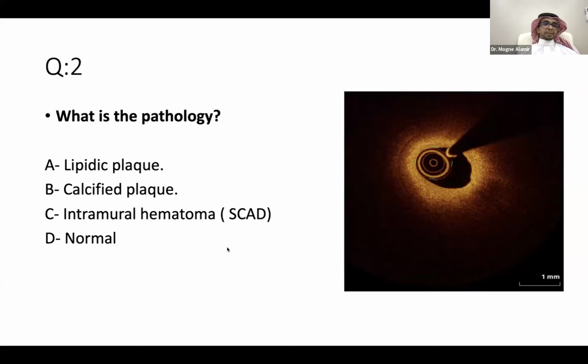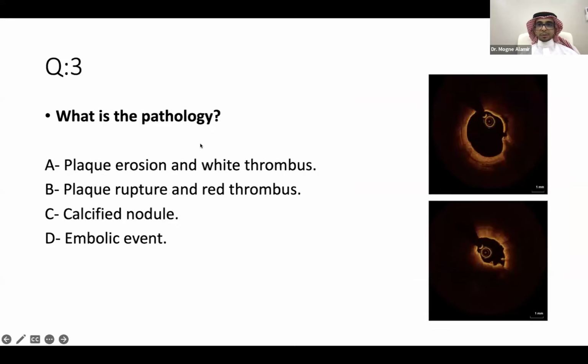Perfect. Okay. So third question. What's the pathology? Can you see? So we have two. This is an area either proximal or distal. I cannot actually remember.